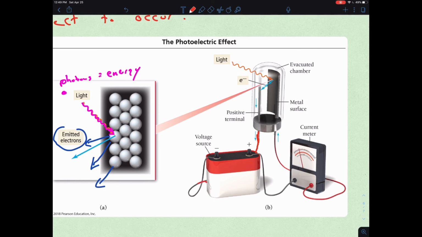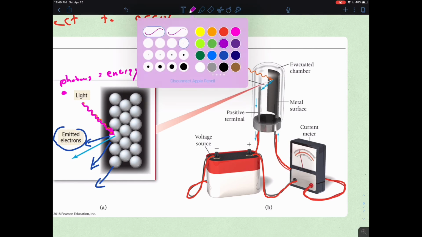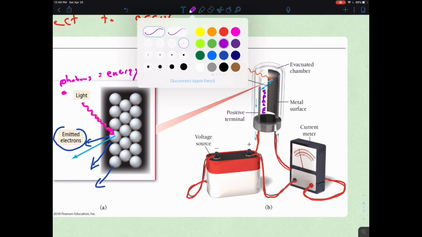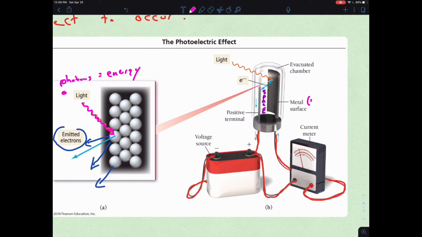We have a negative terminal as well. Right, and so we have all the makings here of a circuit. But the difference is that we have space in between the one positive terminal and the other negative terminal.